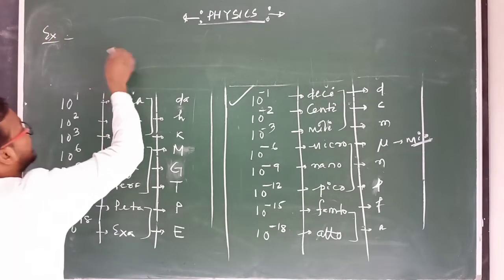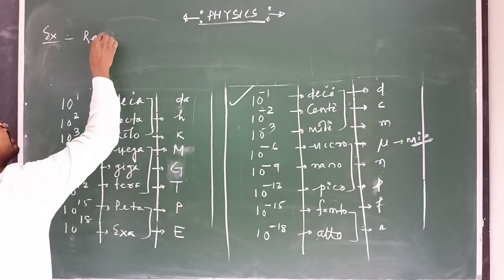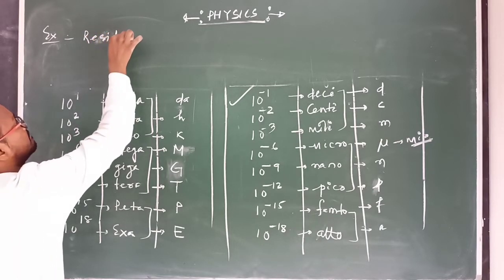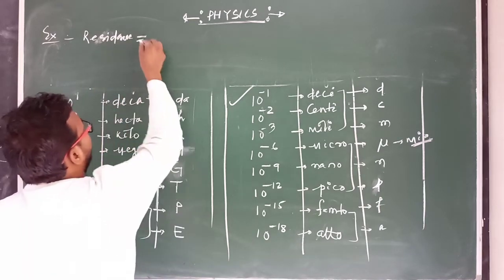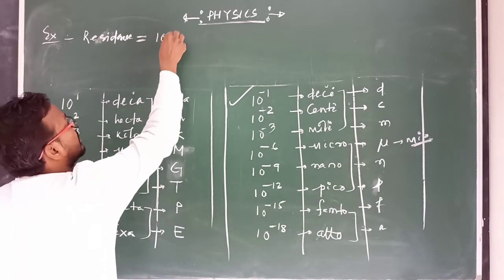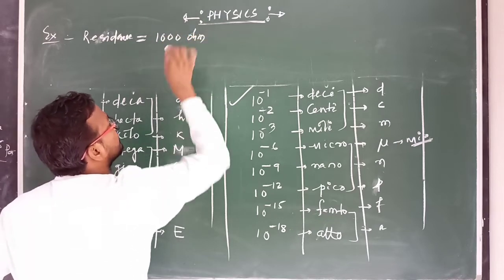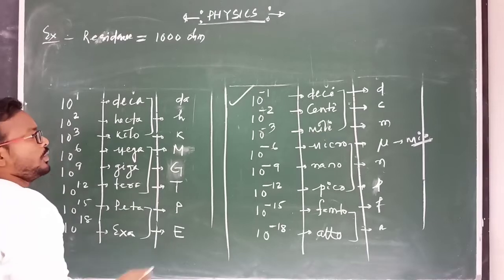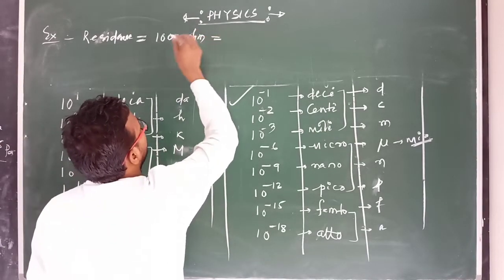Suppose a physical quantity is given, that is resistance, and you know the unit of resistance is ohm, and given here is 1000 ohm. Clear? Now we have to use the multiple or submultiple here.